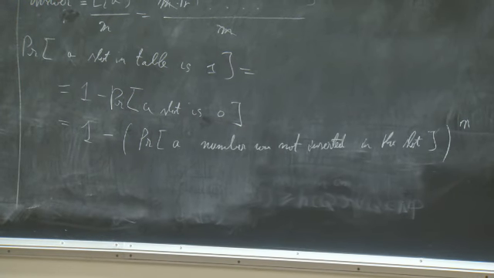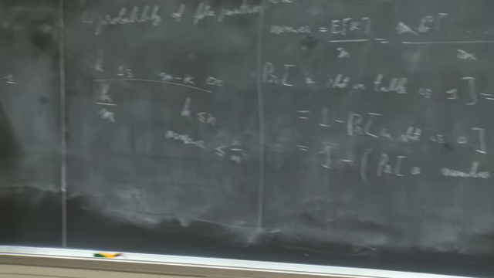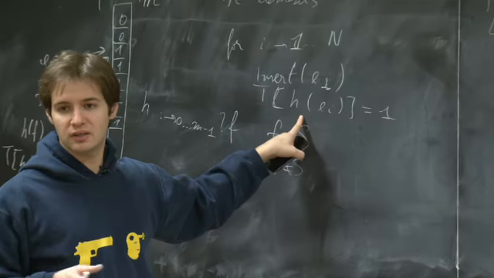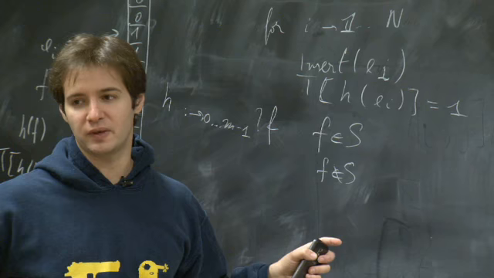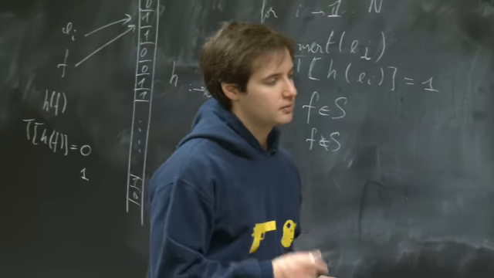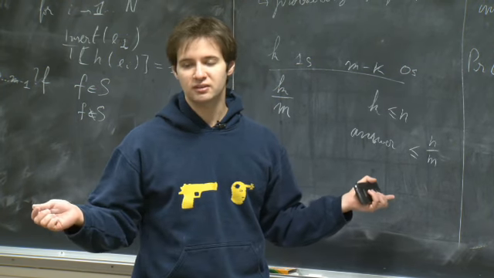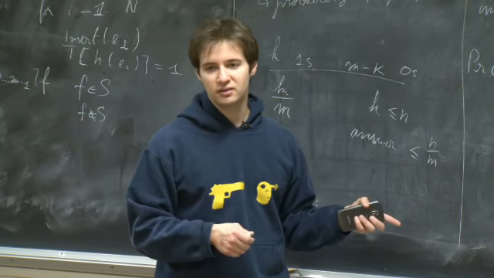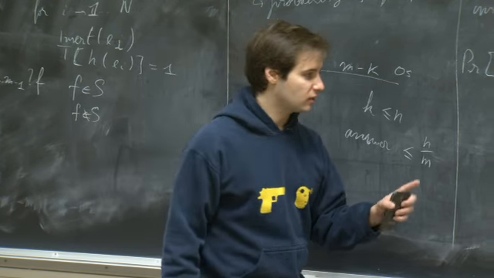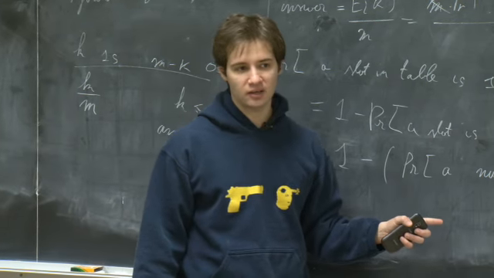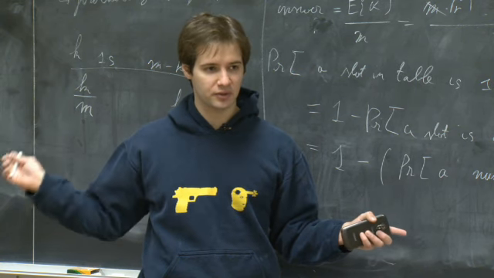Every time you insert a number into the hash function, that's one experiment. The hash function gives you independent values for all the elements, so all the insertions are independent of each other. If in a single insertion you've hit that slot, then you've made it a 1, game over. So the slot is only a 0 if none of the insertions make it a 1. You take the probability that an insertion doesn't make it a 1, and you raise it to the power n, because that has to happen n times.